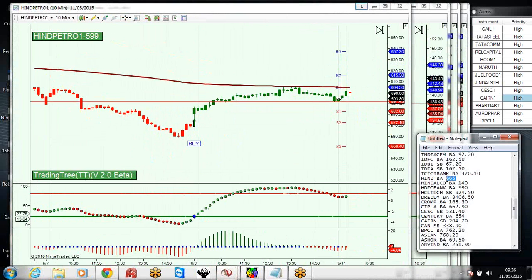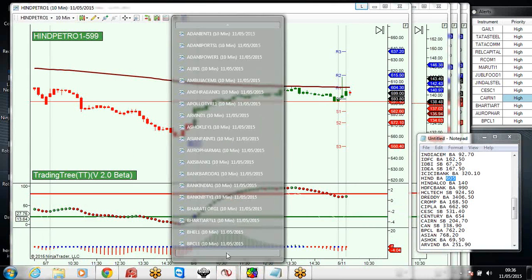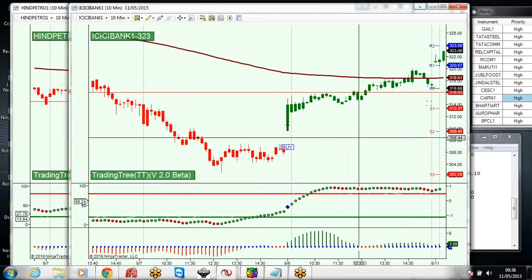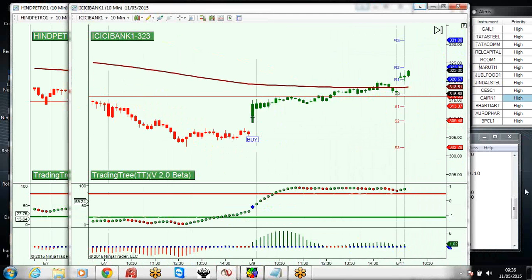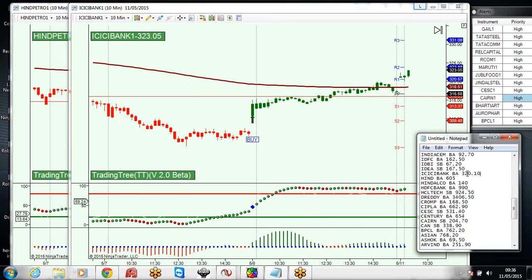Hindustan Petroleum, buy above 605. ICICI 320.10 was a buy. Now it is at 323.